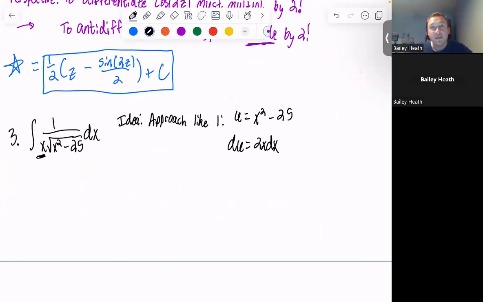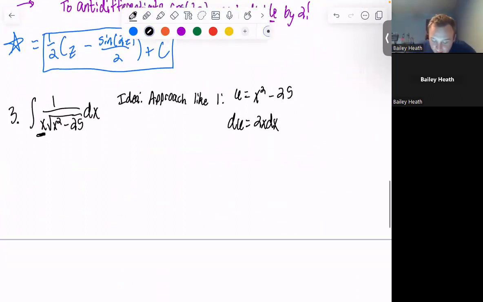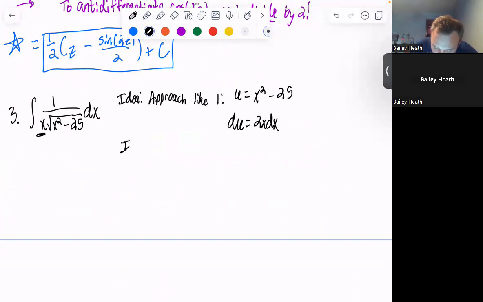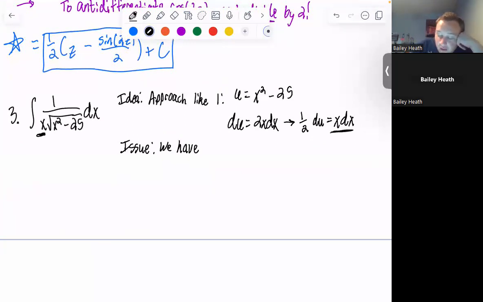However, the issue with this here, the reason this doesn't quite work is the following. All right, so this tells us that 1/2 du is equal to x dx. But what's going on here, the issue is that we don't have x dx inside of our integral.